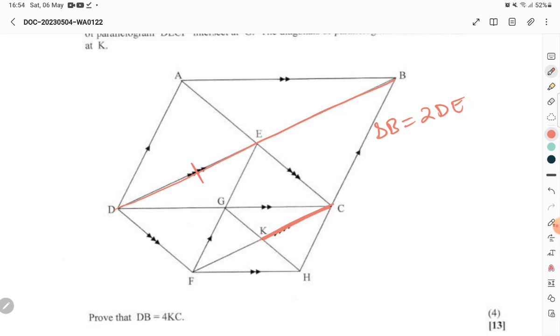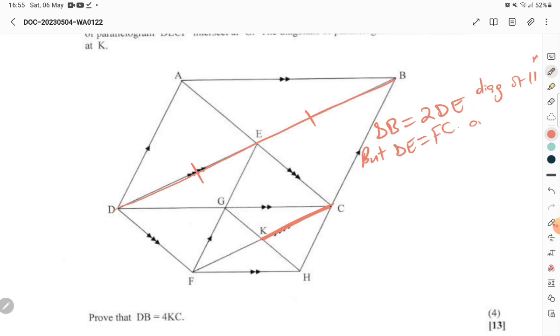Now we all know that these are diagonals of a parallelogram. The diagonals of a parallelogram bisect each other. So DE is just half of BD, which makes BD twice DE, right? But DE is actually equal to FC.